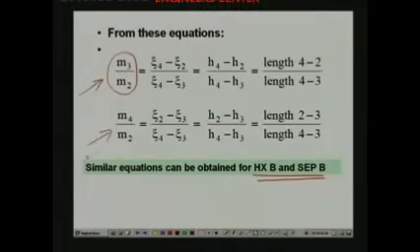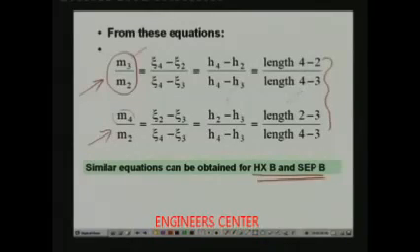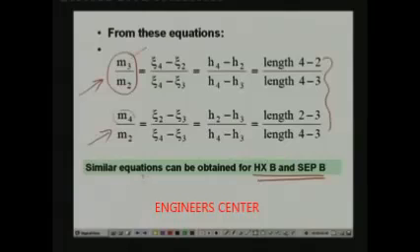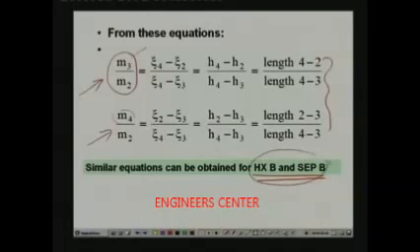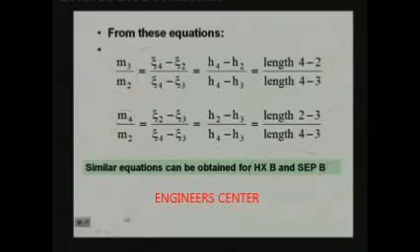This is the ratio of mass of saturated liquid to the total mass in separator A, and similarly this is the ratio of saturated vapor to the total mass in separator B, and ultimately they can be expressed in terms of the different lengths, which are shown in the earlier diagram. So, if you can draw the diagram, you can easily find out how much liquid you have, how much vapor you have, and as I said, you can write similar equations for heat exchanger B and separator B.